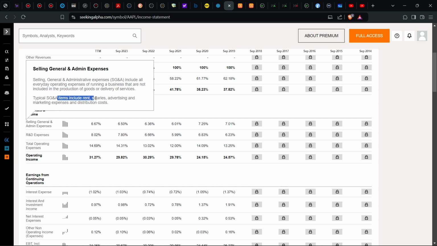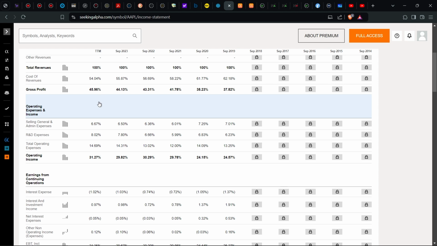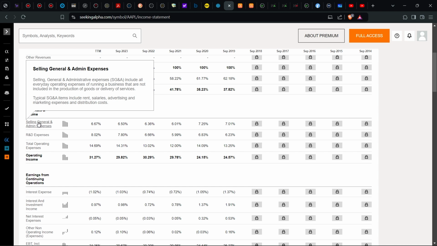Typically, SG&A items include rent, salaries, advertising and marketing expenses, and distribution costs. So this cost of revenues here is how much they spend to make a product, and this is how much they spend in other costs that are not included when you are making the product.